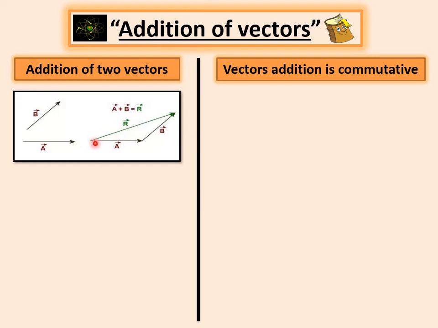How do we draw the resultant? The resultant starts from the tail of the first vector and is drawn to the head of the last vector. The resultant starts like this from the tail of the first vector, and its head joins the head of our last vector. So this is the resultant, meaning resultant vector R, which is the summation of these two vectors. A plus B represents R. This is the representation of the addition of two vectors by using the head to tail rule.